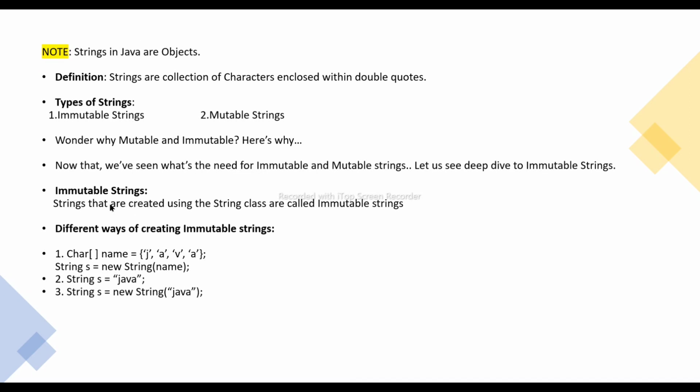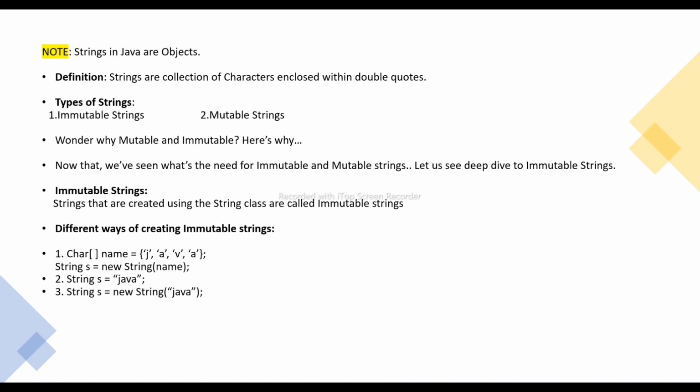Strings are created using the String class. For creating an object, there must exist a class. Only if there is a class can an object be created, right? So there is a built-in class called String in Java, and we have to create an object of that String class.